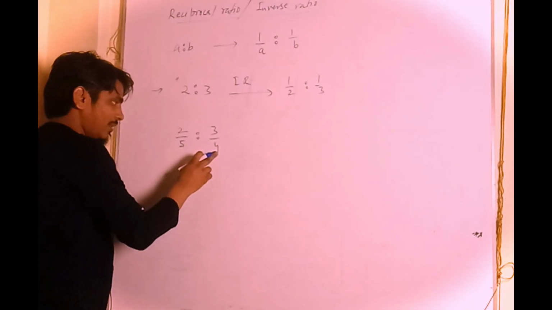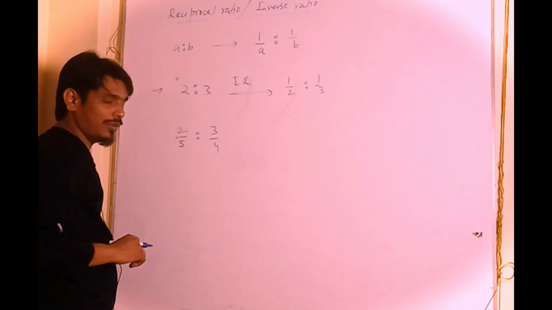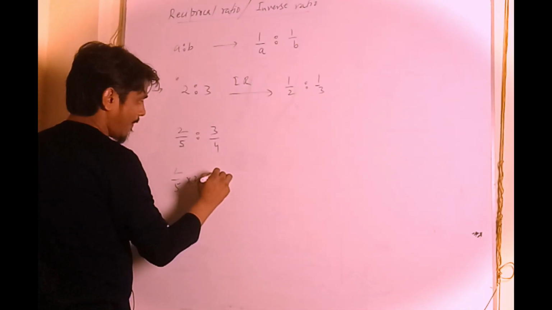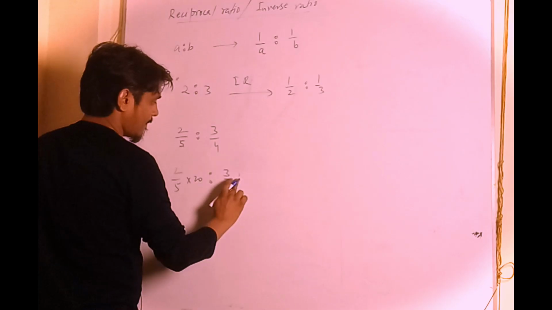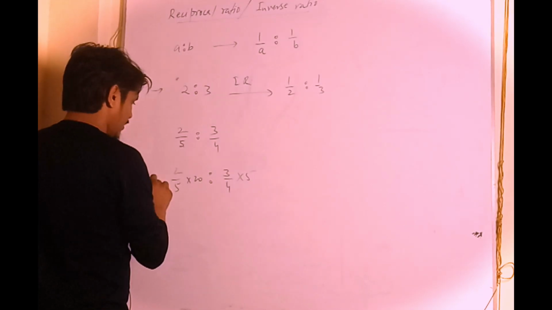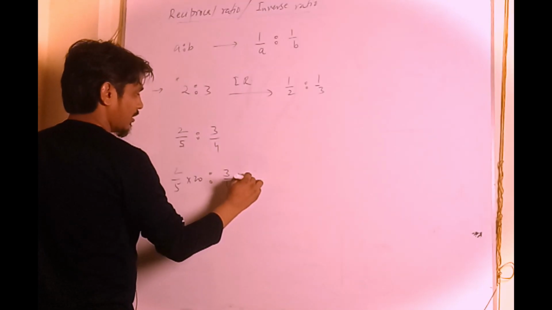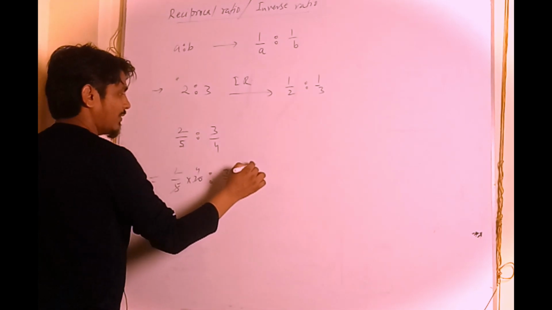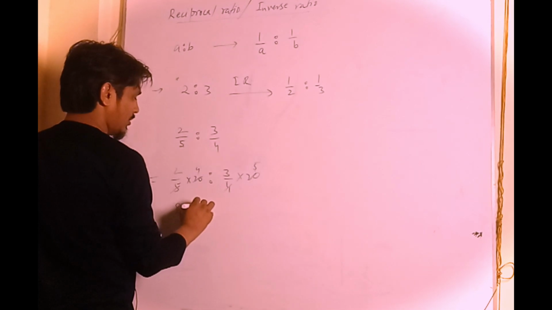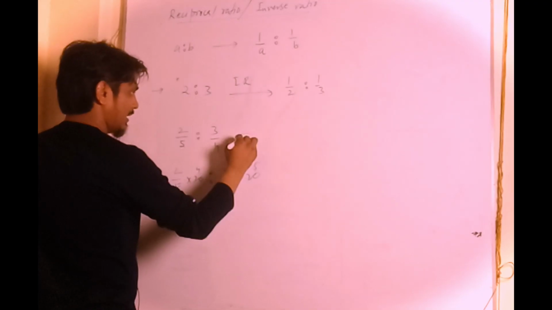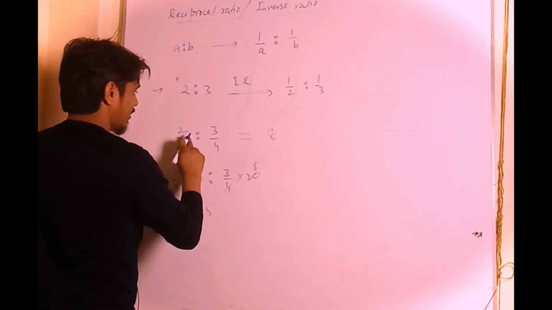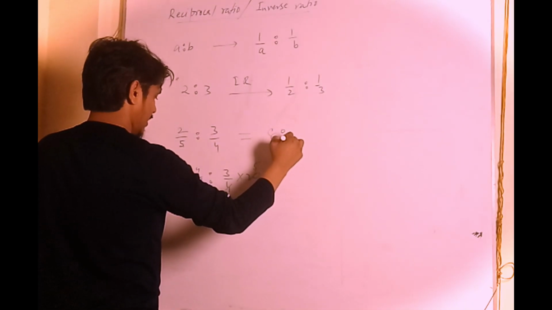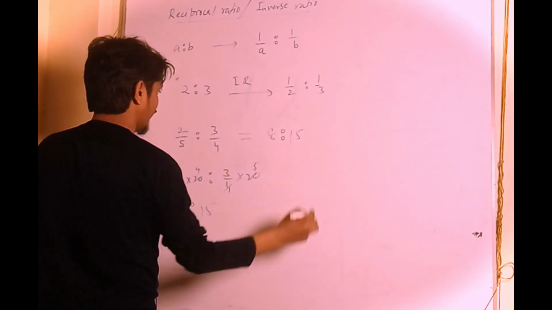Here we have 5 and 4. The LCM of 5 and 4 is 20. Multiplying both by 20, we get the equivalent form, which is 5 times 4 ratio 4 times 5. So this is 8 ratio 15. This is an equivalent form of 2 over 5 ratio 3 over 4, which is 8 ratio 15.